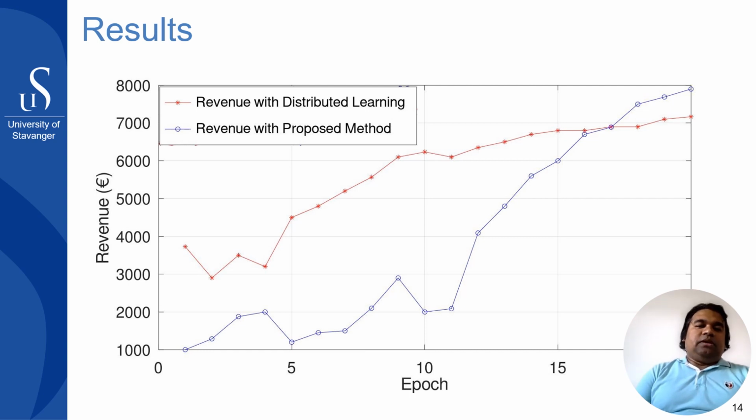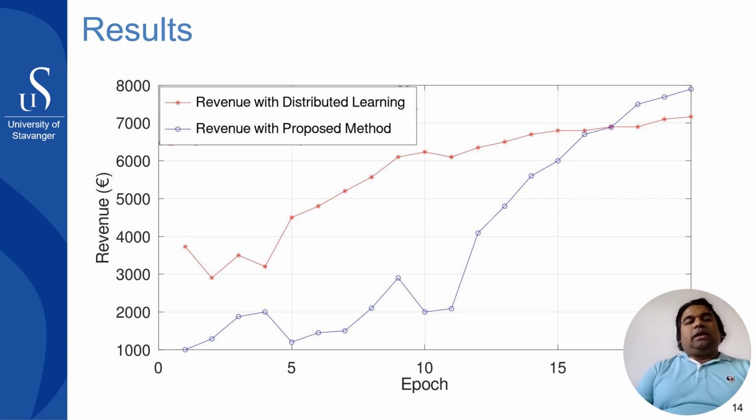Here we can see that the revenue with distributed learning, considering two Byzantine faulty nodes, is initially very high, but over the time period it rapidly goes down and saturates, and it's lower compared with our proposed method. It provides a gap after 17 or 18 epochs.